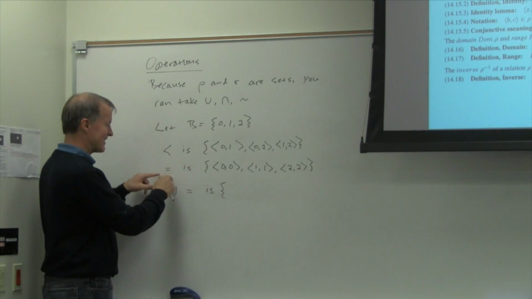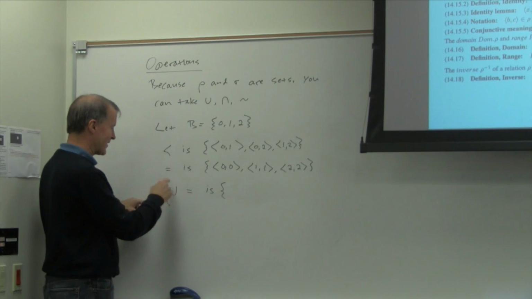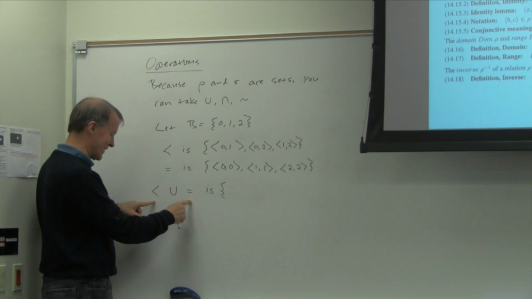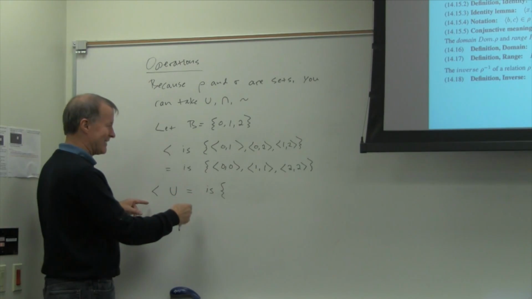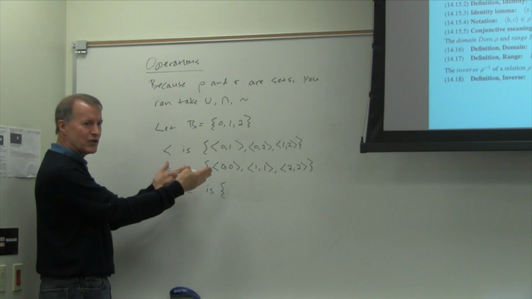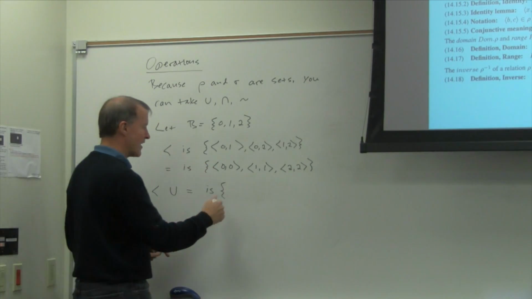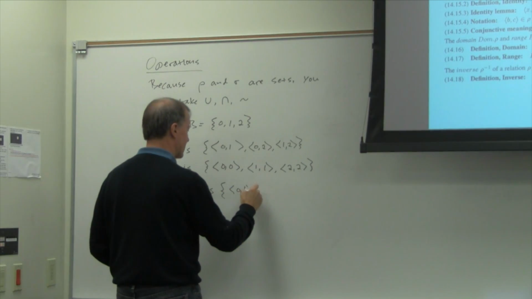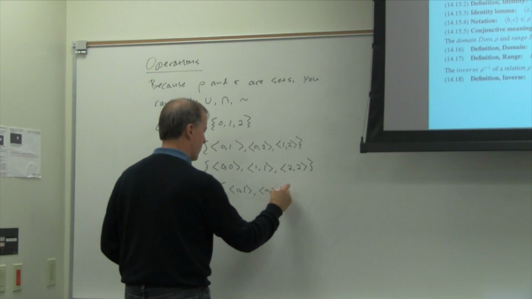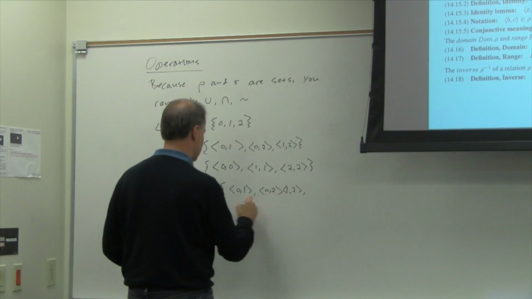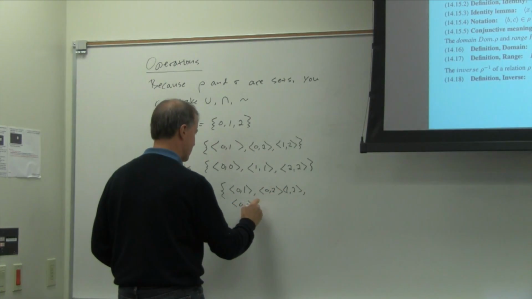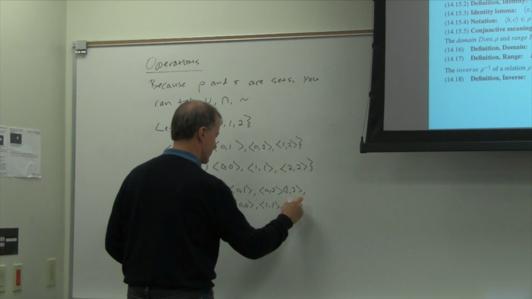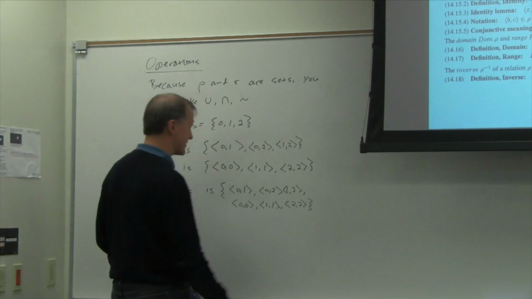This is this set, and this is this set, and we take the union of these. So what are the elements in the set? 0, 1, 0, 2, 1, 2, 0, 0, 1, 1, 2, 2. It's just a set with 6 elements in it.